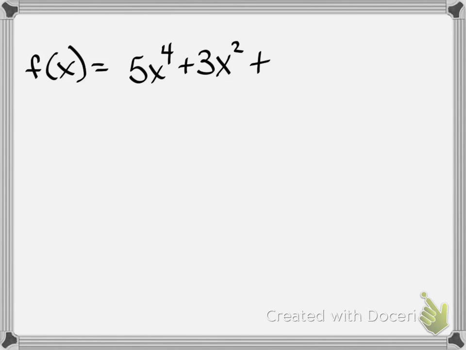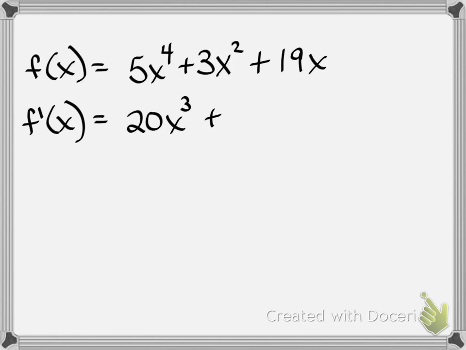So it's super nice. If you have f of x equals 5x to the fourth plus 3x squared plus 19x, we can jump in and do a first derivative, just using our rules. 20x to the third plus 6x plus 19.